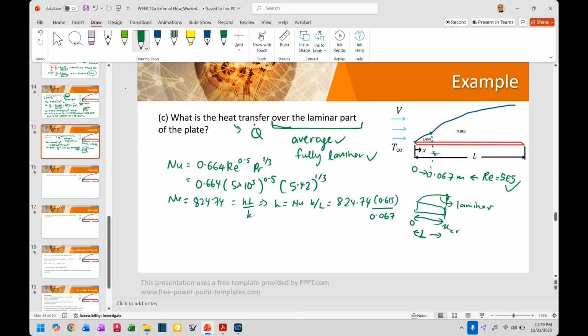Okay, so now you will get H to be around 7570 watt per meter squared Kelvin.